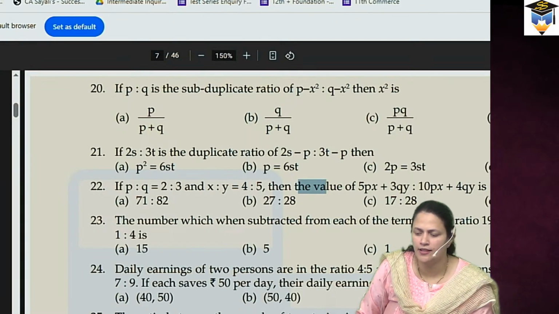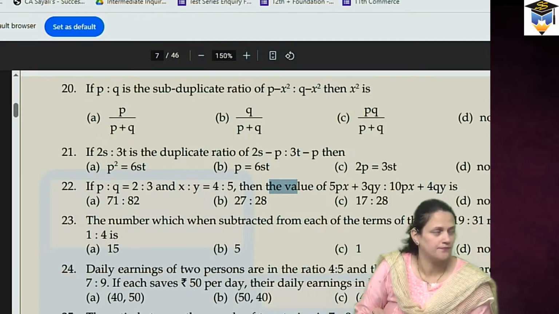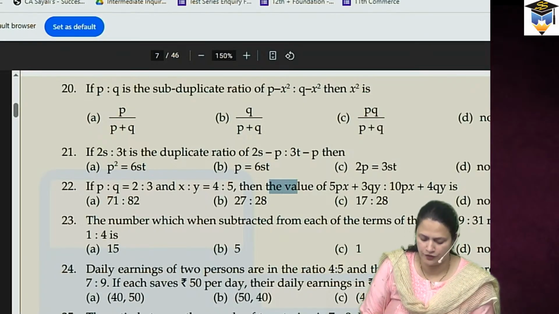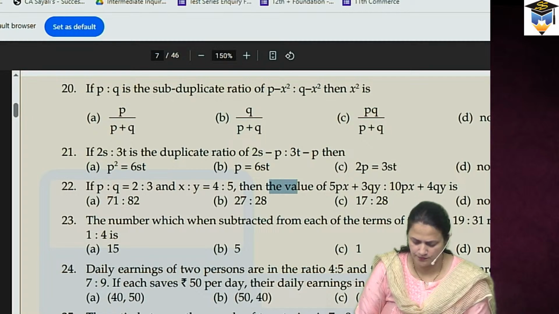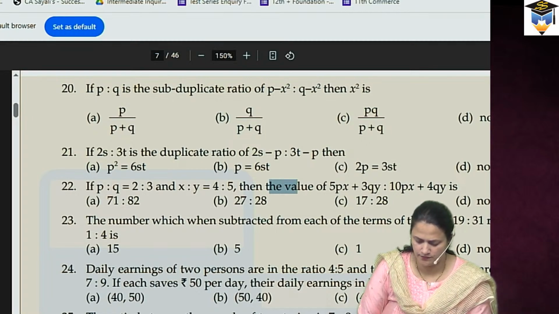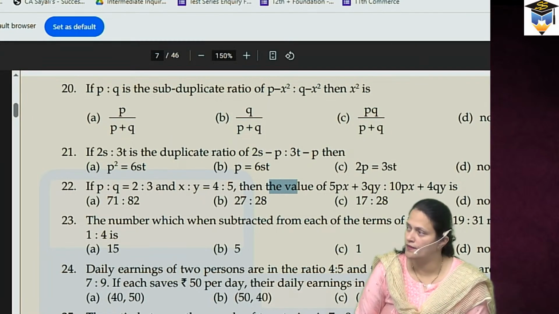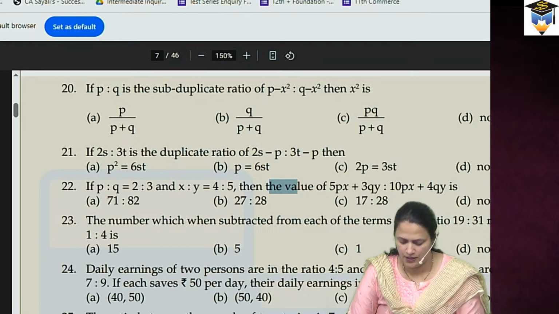Okay, is it visible now? Okay. So just solve the 23rd one. Let me know once you get the answer, or just tell me the thinking.